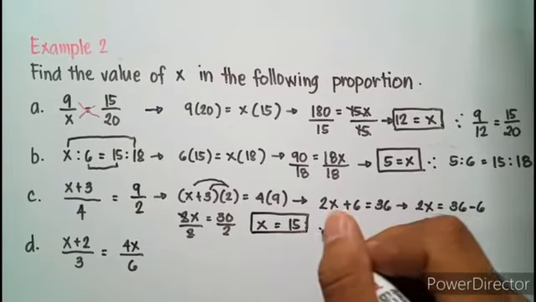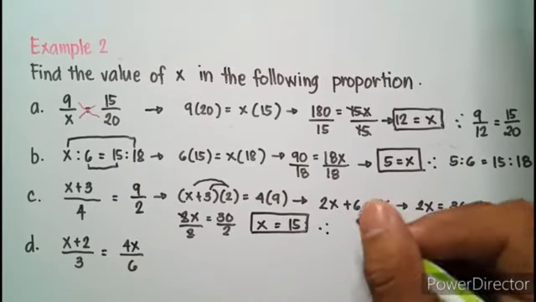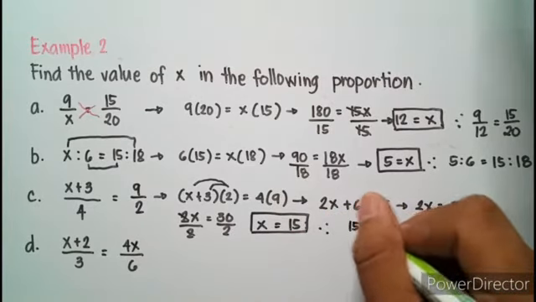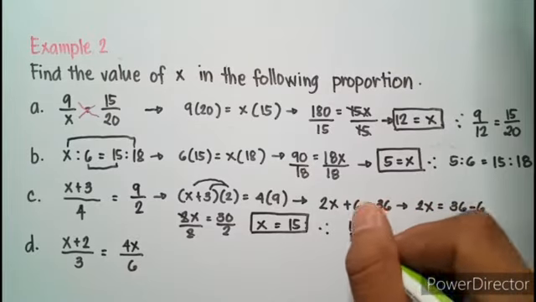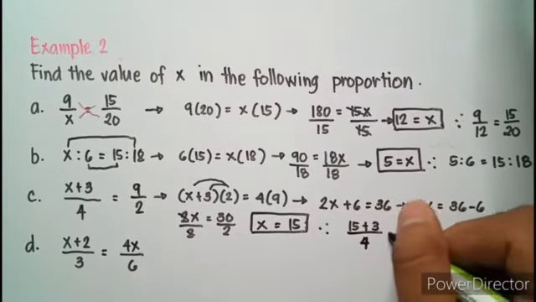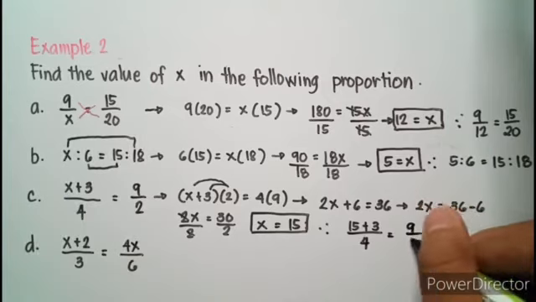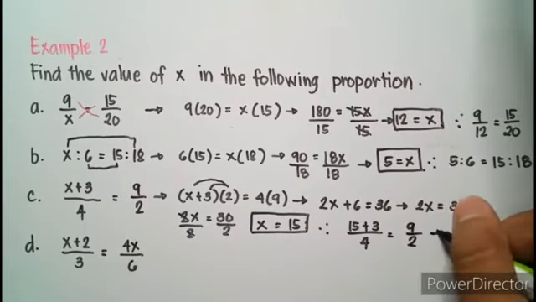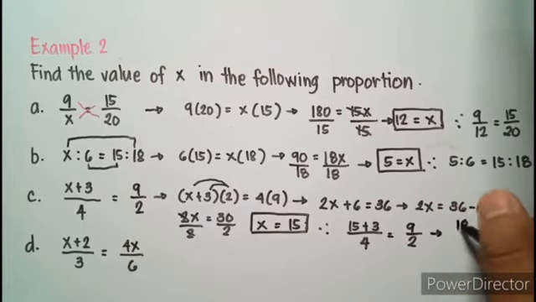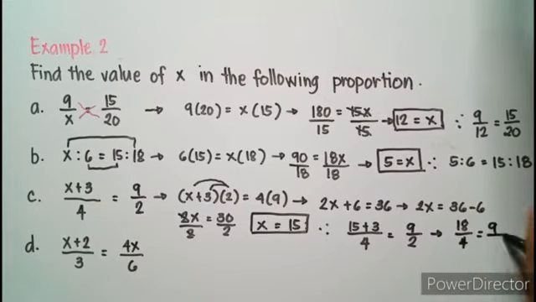So therefore, you have 15 plus 3 over 4 is equal to 9 over 2, or that is equal to 18 over 4 is equal to 9 over 2.